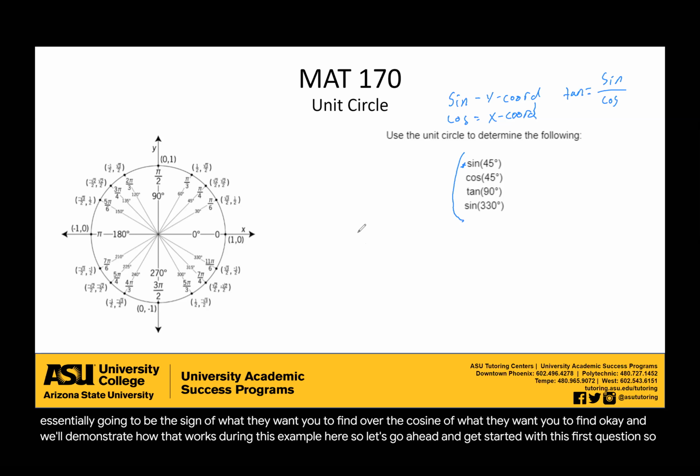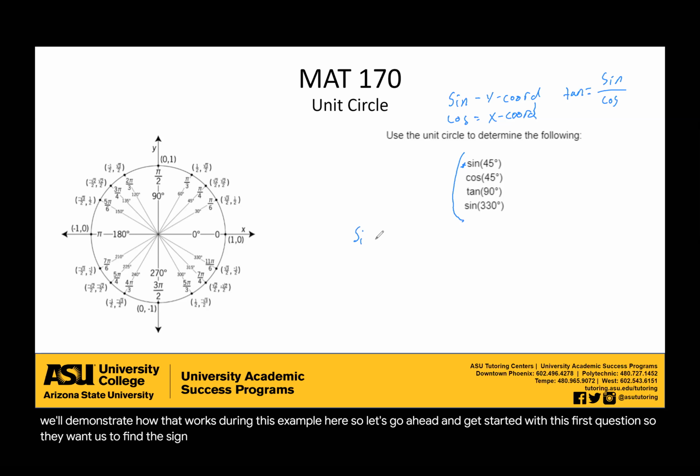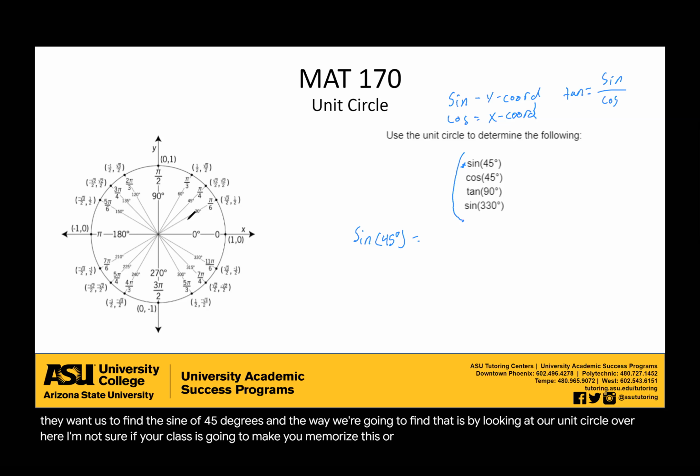They want us to find the sine of 45 degrees, and the way we're going to find that is by looking at our unit circle over here. I'm not sure if your class is going to make you memorize this or not, but it is generally pretty helpful if you do have this memorized.